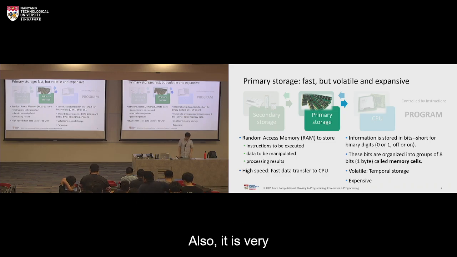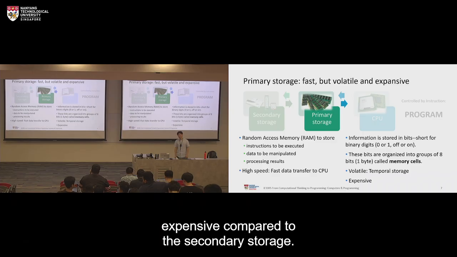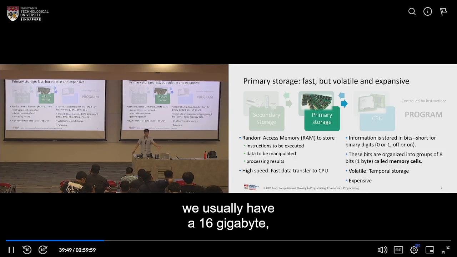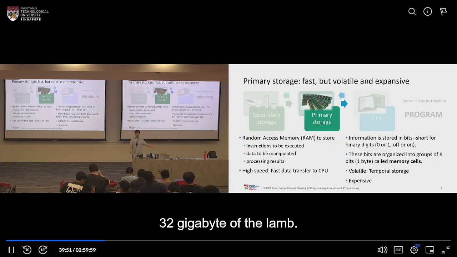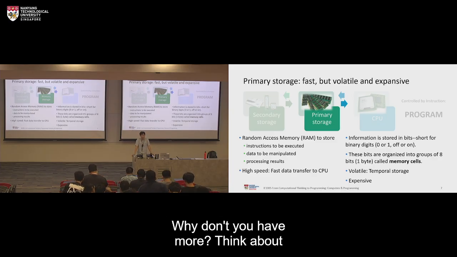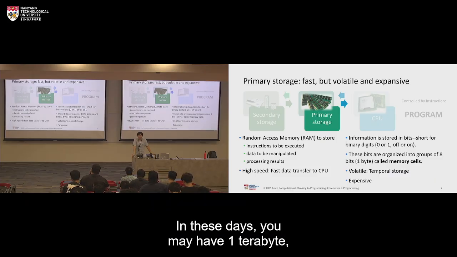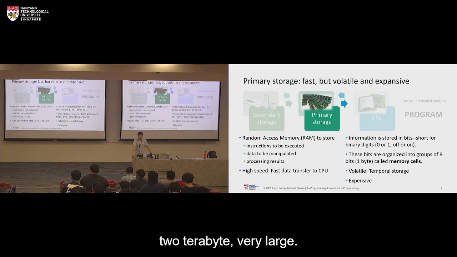And also, it is very expensive compared to the secondary storage. So in this computer, we usually have 16 gigabytes or 32 gigabytes of RAM. Why don't you have more? Think about your hard disk or solid state disk capacity. These days, you may have 1 terabyte or 2 terabytes, very large.